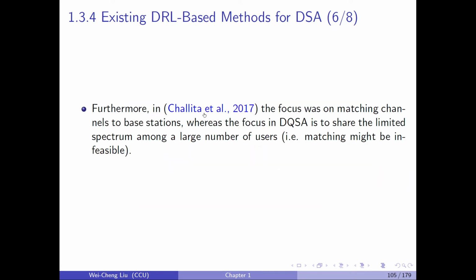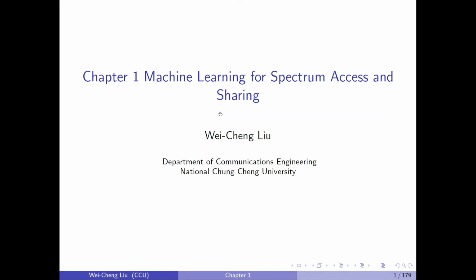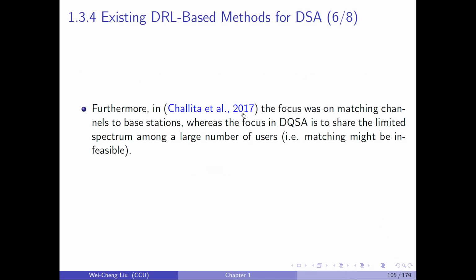Furthermore, in Chelita et al. 2017, the hyperlink is not right. Okay, the focus was on matching channels to base stations, whereas the focus in DQSA is to share the limited spectrum among a large number of users. That is, matching might be infeasible.